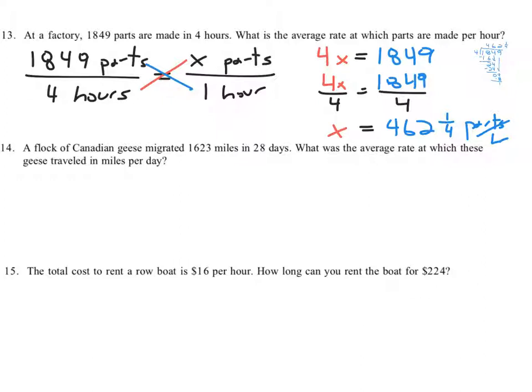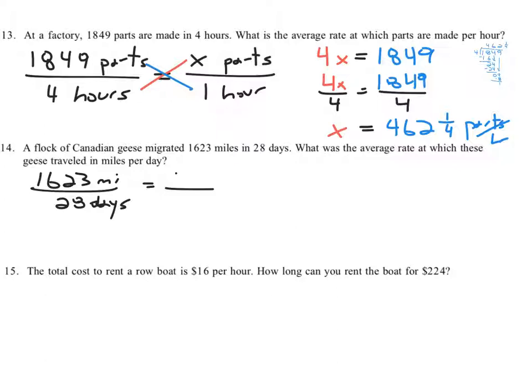Here we go. A flock of geese migrated 1,623 miles in 28 days. What's the average rate of miles per day?